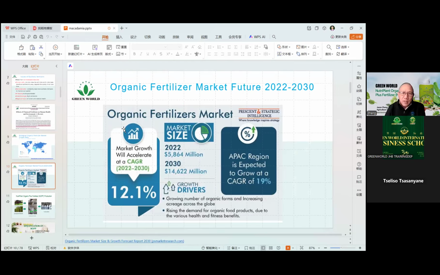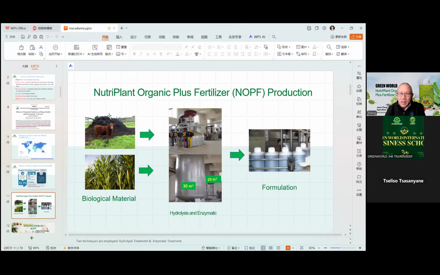We basically use all organic sources: dead animals, animal manures, plant materials, all naturally organic materials, plants or animals, through fermentation.